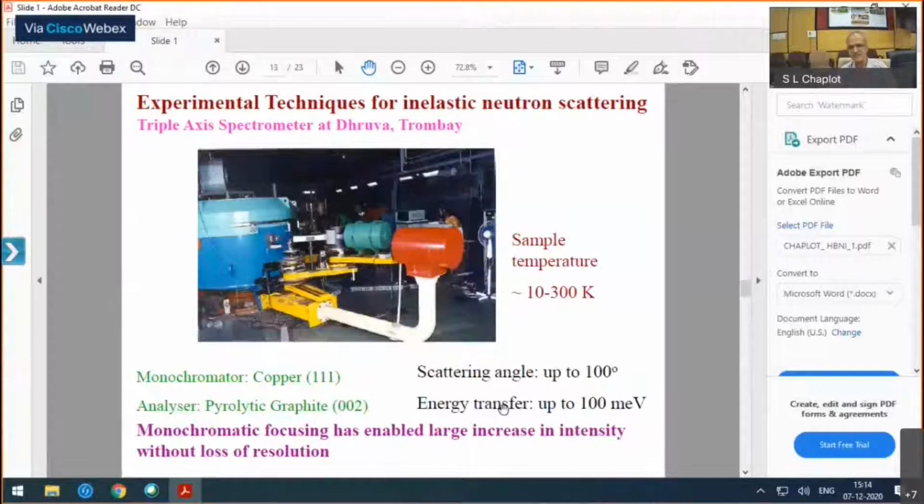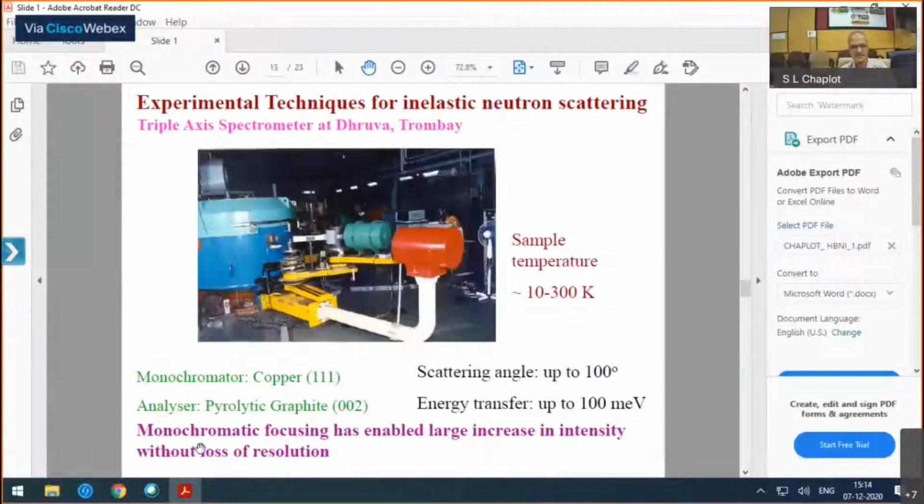But you can get a very good resolution if you choose a smaller incident energy. So we can get a resolution as good as 2 millielectron volts at low energy transfers to higher values at high energy transfers. The scattering angles up to around 100 degrees are possible. So certain values of the wave vector transfer are possible here.